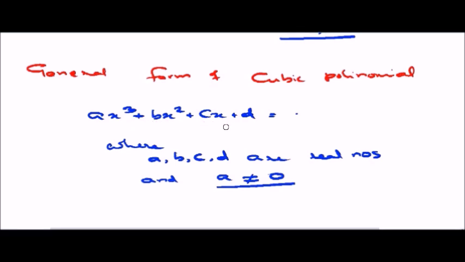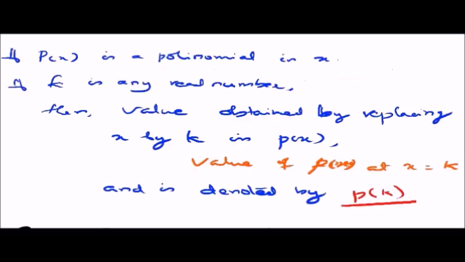So, the general form of a cubic polynomial is ax cube plus bx square plus cx plus d, where a, b, c, d are real numbers and a not equal to 0.